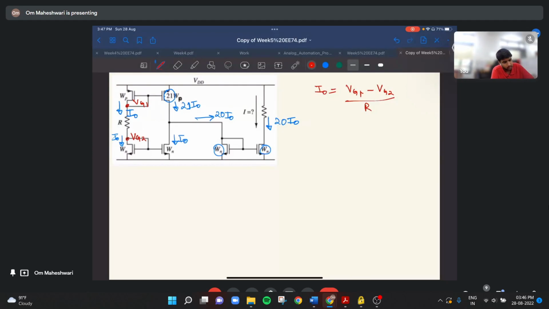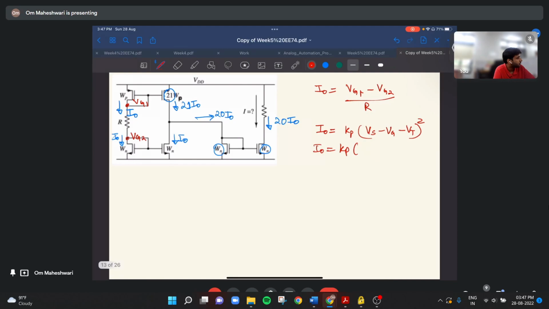So for this PMOS device, I naught equals KP (Vs minus VG minus VT) whole square. Vs is what? VDD equals 2.5 volts.